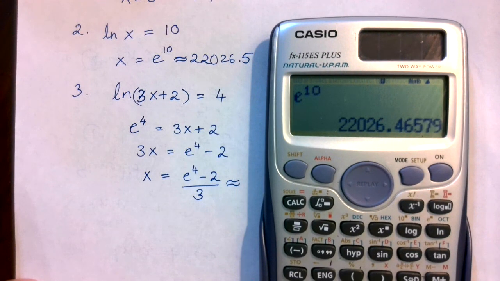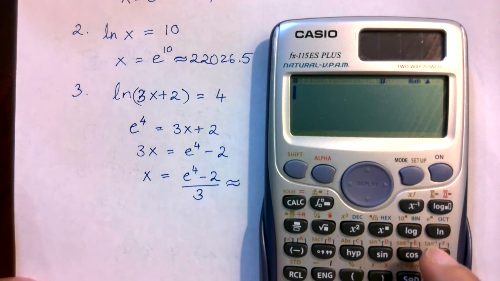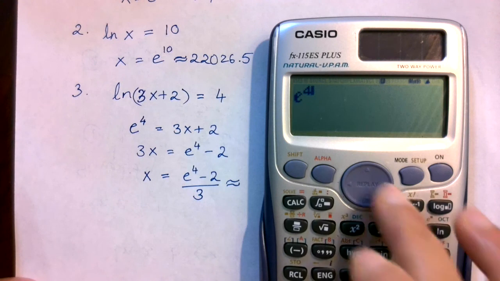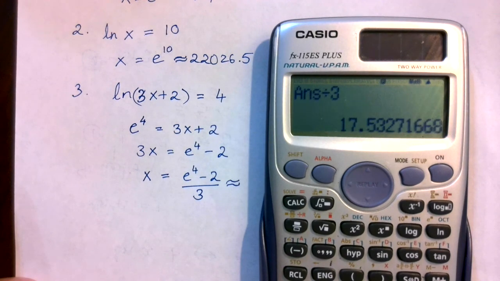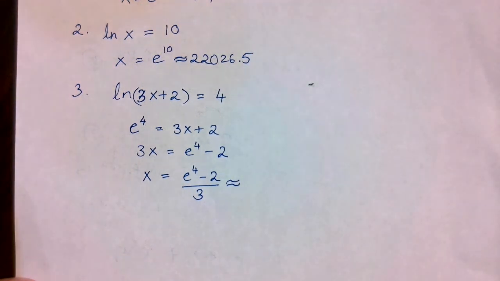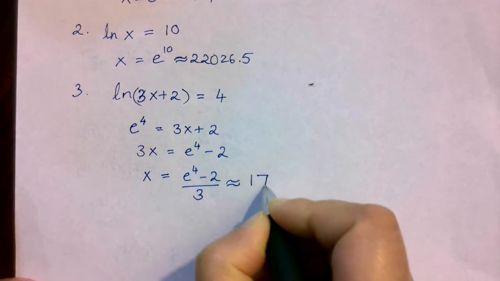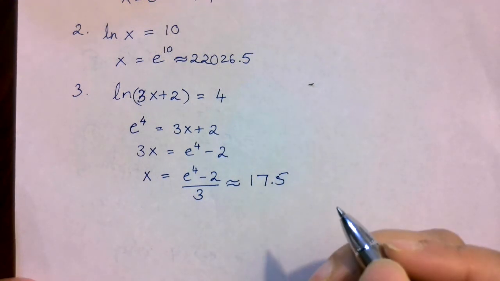So in order to get the decimal answer, you hit e to the power of 4 minus 2 and then divided by 3. That's 17.5.